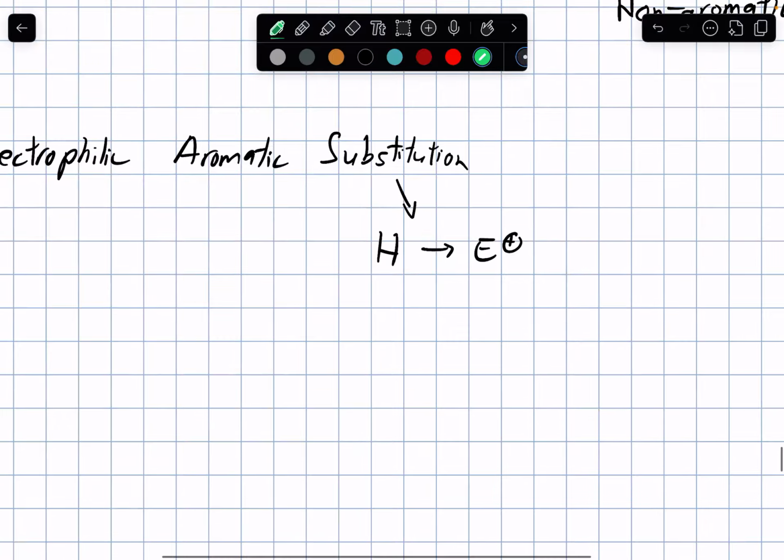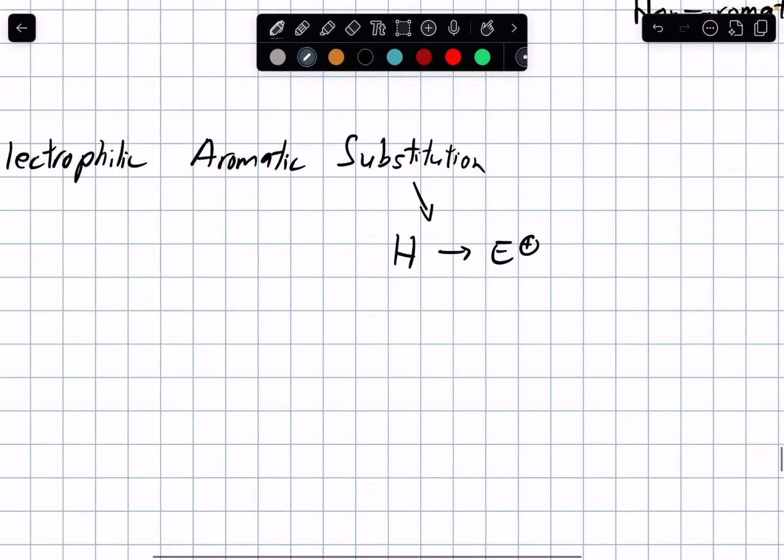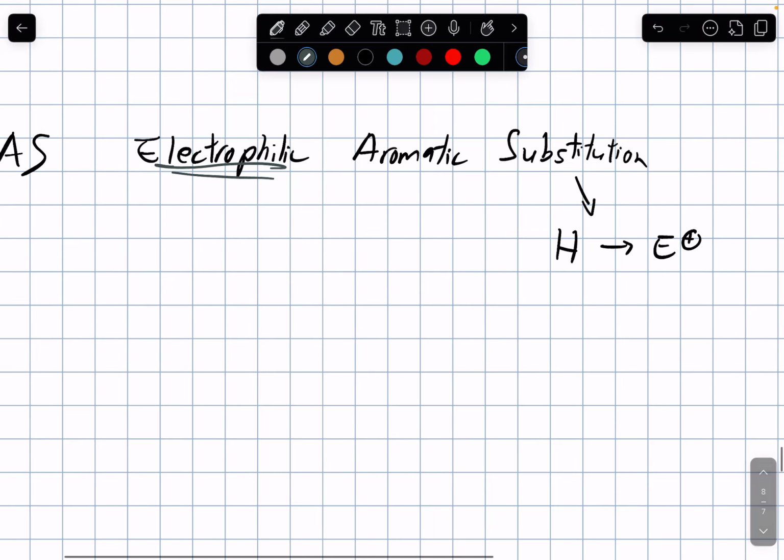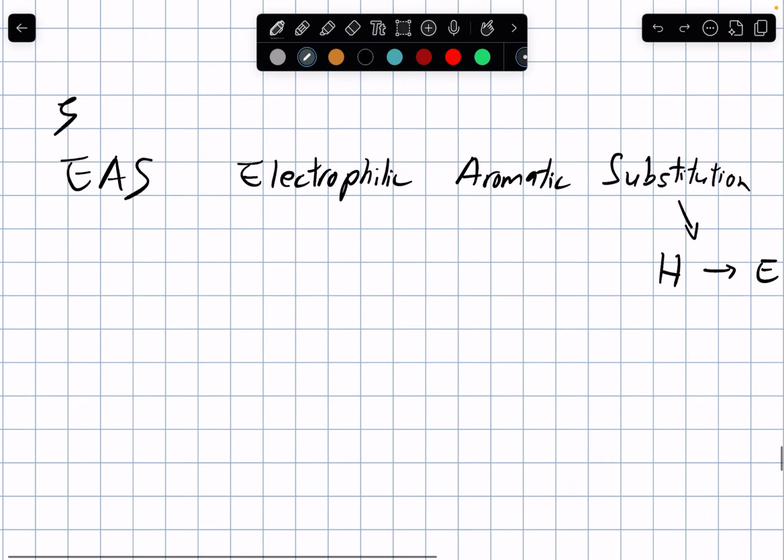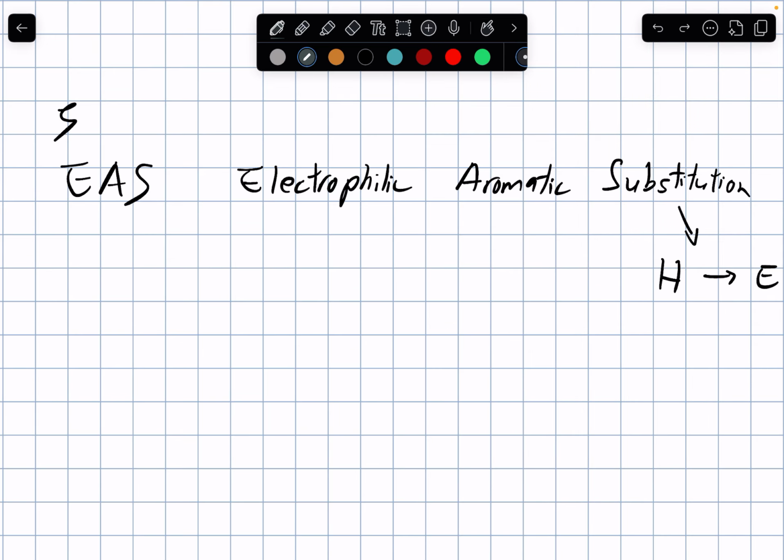One thing you have to know about the electrophile is that it really loves electrons. It really likes the negative charge, more specifically. And yeah, that's the reason why it's called electrophilic. So generally, this is how it goes.